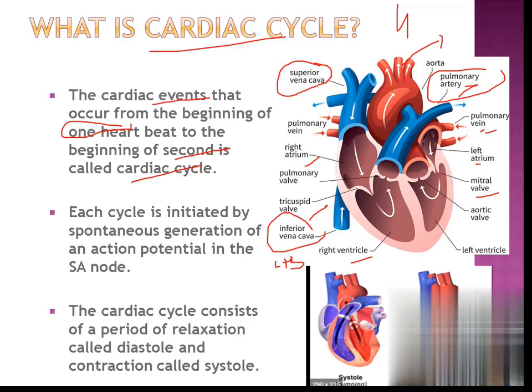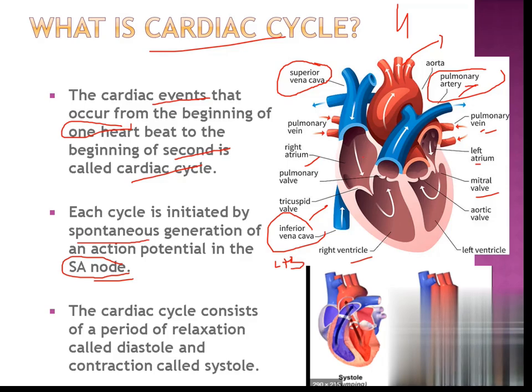Now this stimulus is generated by a special node that is known as the SA node or sinoatrial node. Okay. Now this sinoatrial node provides an action potential. This action potential is produced spontaneously, without any stoppage, in each cycle.